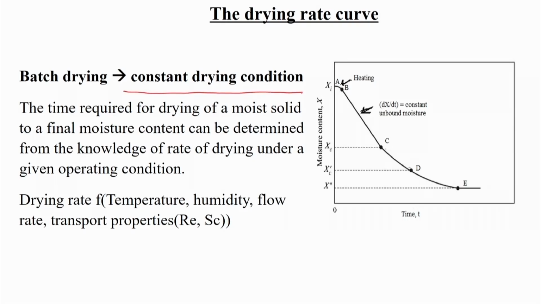It indicates that whatever drying medium is supplied to dry the wet solid will remain constant: its temperature, humidity, flow rate, Reynolds number, Schmidt number. At the same time, the height of the drying medium, or the amount of material, will also remain constant.